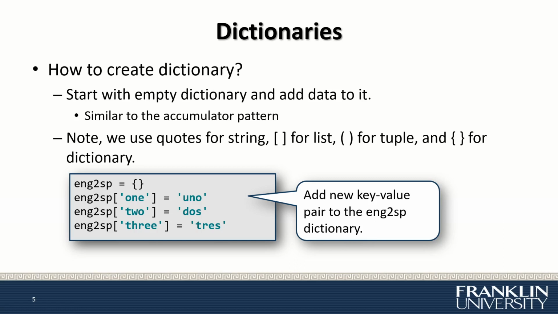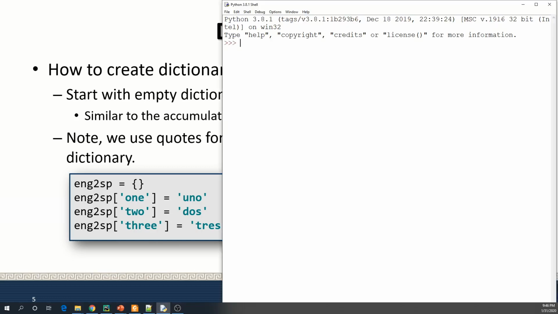And I can do that with the Python shell. Let me show you. I think this will be easier to show you in a Python shell here or Python IDLE. So this is English to Spanish. I declare a dictionary and then I can add data to it. So English to Spanish sub 1, with the 1 spelled out, is uno.